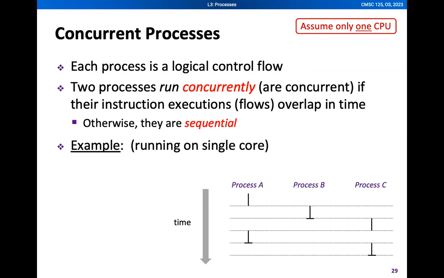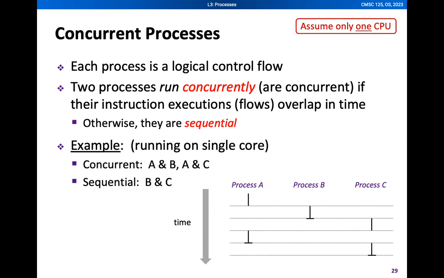For example, here you can see a graph of different processes A, B, and C. Note that A, B, and C are independent processes, and they will continue running until they complete their execution.